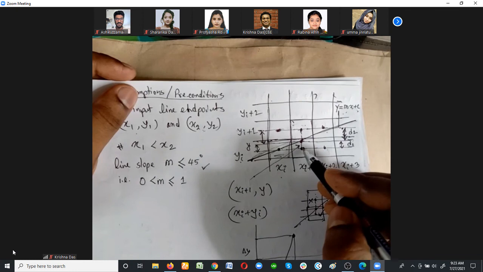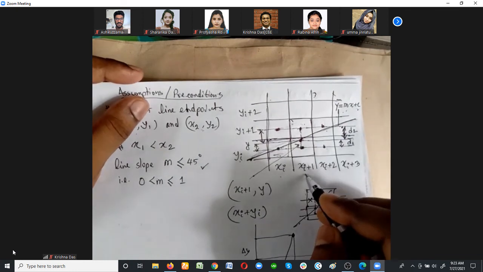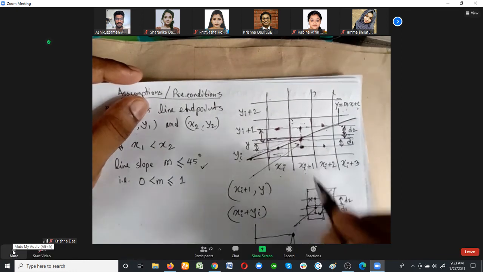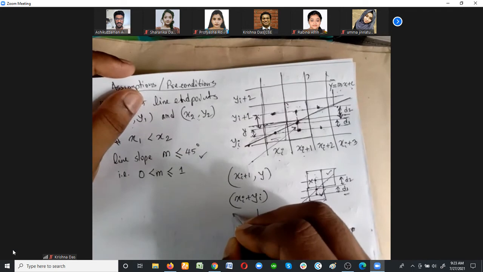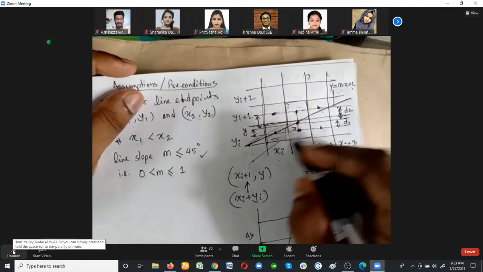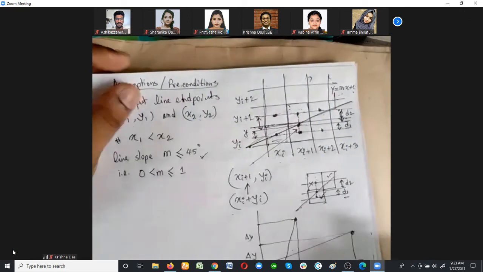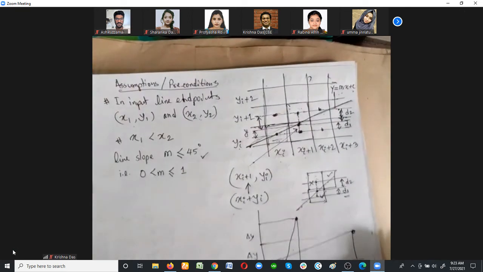If it is the lower one, then what the algorithm does is this: the x coordinate is xi plus 1, and the y coordinate is yi.